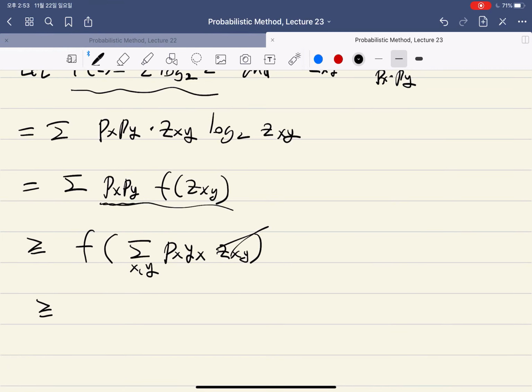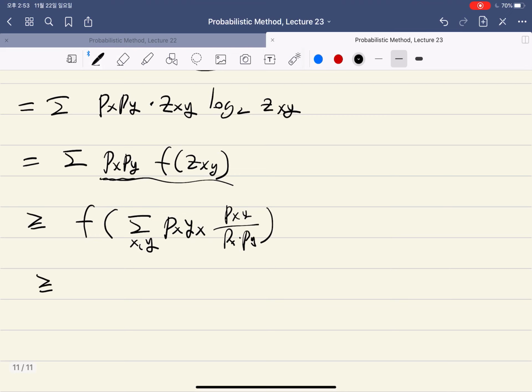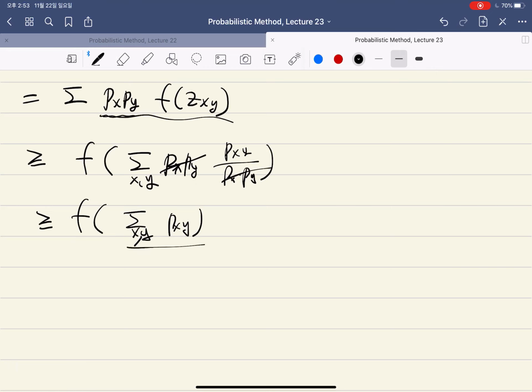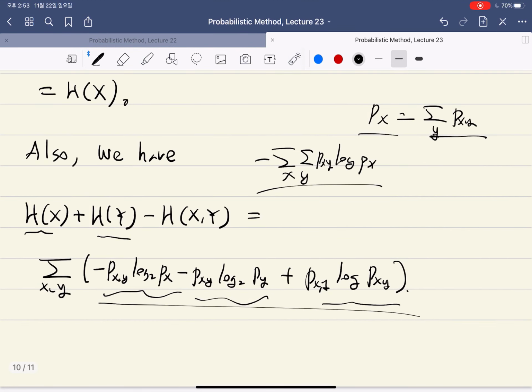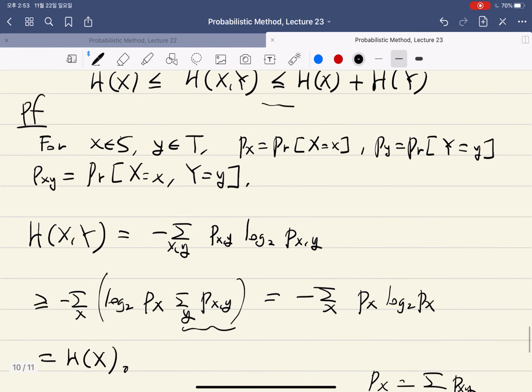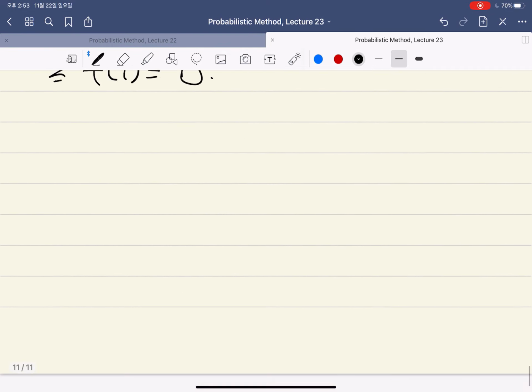This can be rewritten as pxy over px times py. So this and this cancel out, and this sums up to 1. So this is f of 1, which is 0. So we have this at least 0, which gives us this inequality. So this lemma is proved.